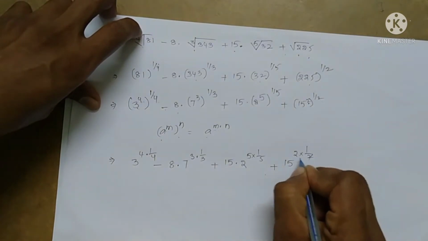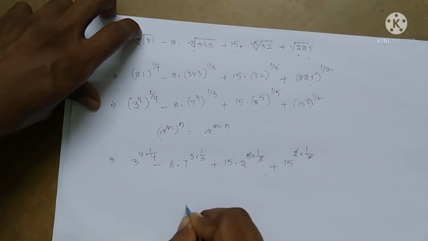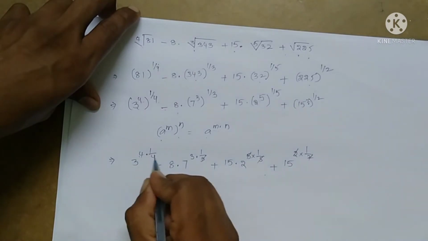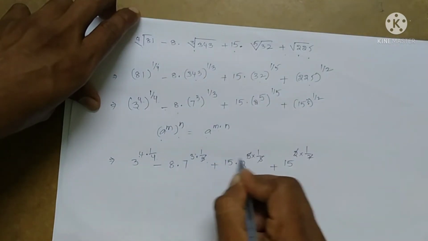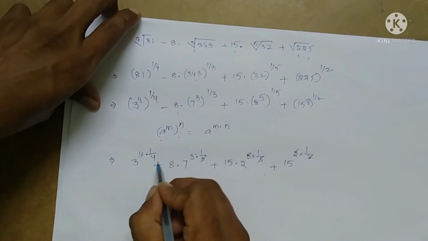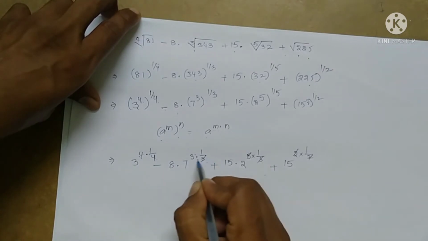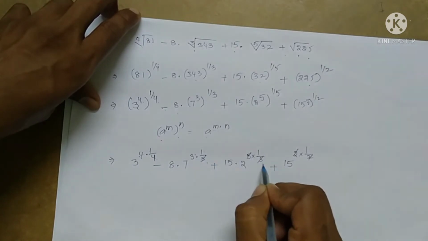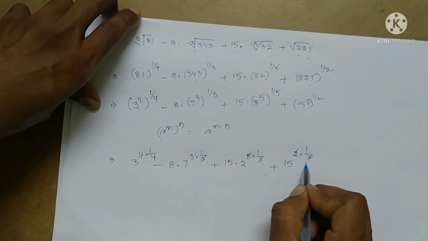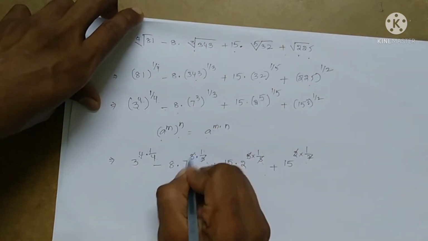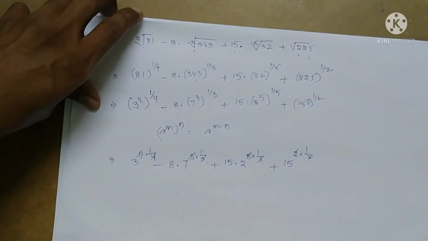Okay, here 2 cancel, 5 cancel. So here exponents are the same. So 4 into 1 by 4, 3 into 1 by 3, 5 into 1 by 5, 2 into 1 by 2. So here 3 cancel, 4 cancel.